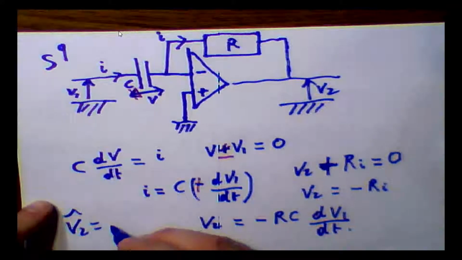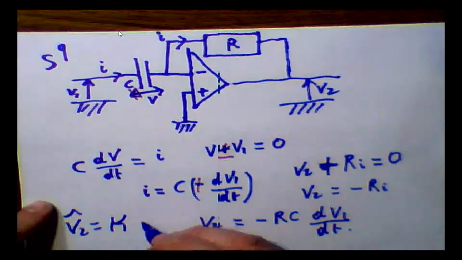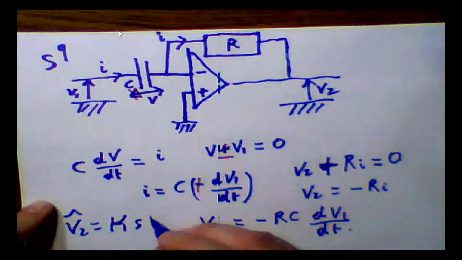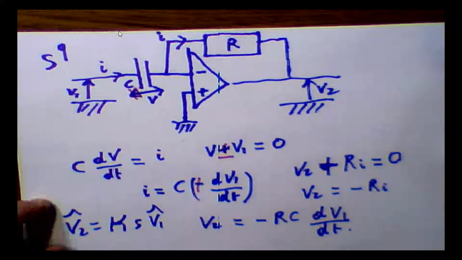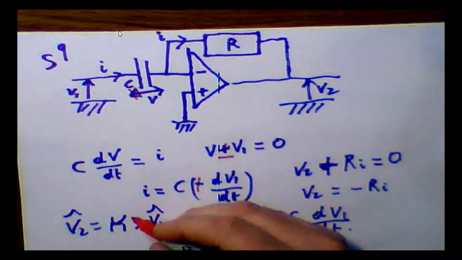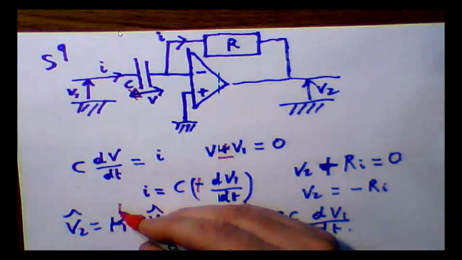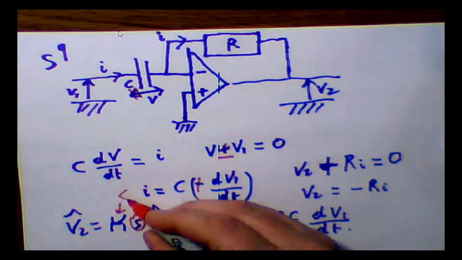in the Laplace domain, K times s V1, provided K is negative. As a result, what we see is we can realize a derivative s a priori with an arbitrary gain K as long as it is negative.